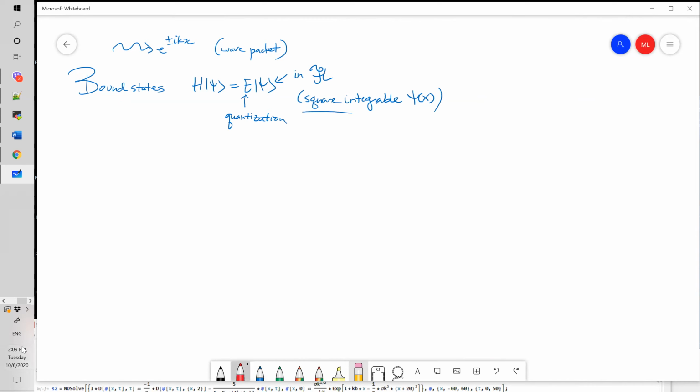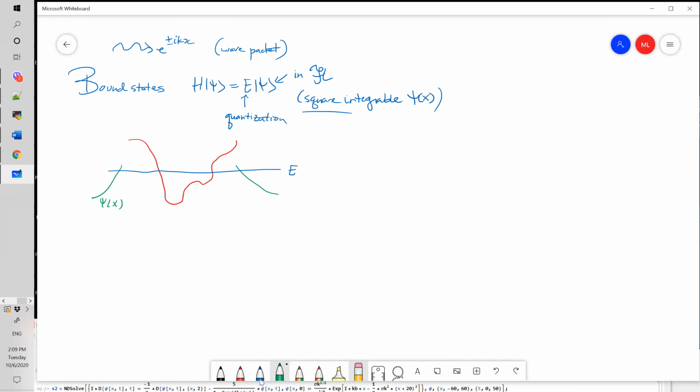So what's a bound state? A bound state might be if you have a potential like this, and your energy is out here somewhere, such that far away you'll get exponentially decaying solutions to your wave function.